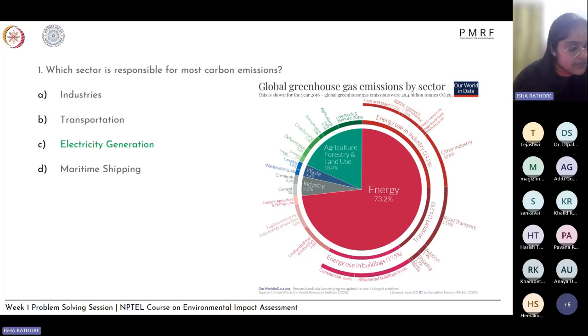Again, reading figures is a very important part of how you go through this course, because these figures are very significant, especially when you see the numbers. Try to see the numbers and understand the key takeaway from a figure to understand what these figures mean. So see, electricity generation contributes to most carbon emissions.